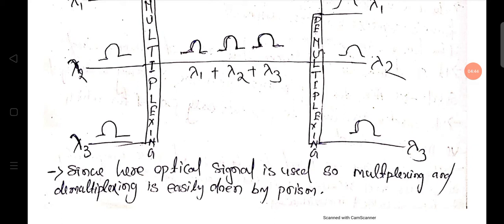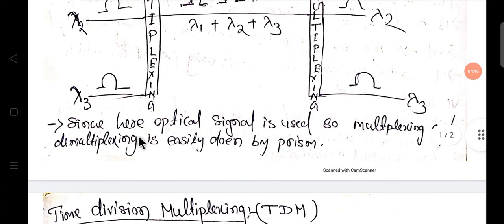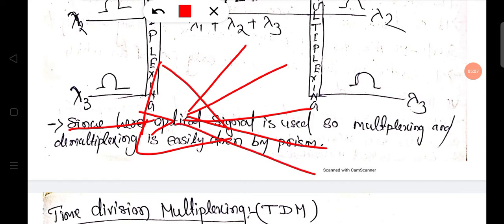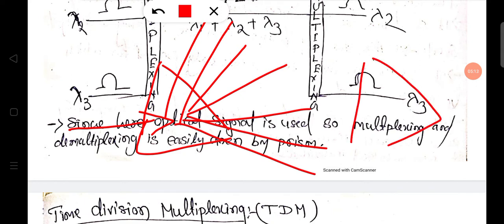Since an optical signal is used here, multiplexing and demultiplexing is easily done by a prism. You previously studied prisms in physics: when sunlight is passed through a prism, 7 colors of light are reflected.